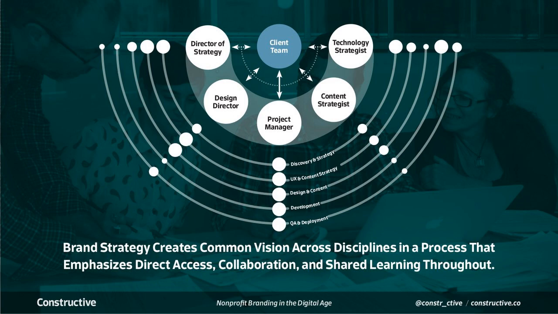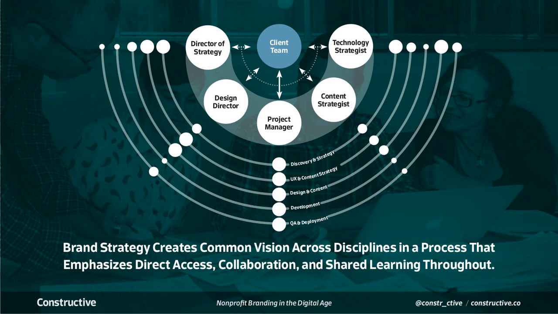You've got a design director, a content strategist, and a technology strategist. And it's really important from our perspective that rather than funneling everything through a project manager and controlling meetings through project managers, direct access and collaboration and shared learning throughout the entire process leads to greater understanding of how we're going to translate strategy into execution when it comes to creating online user experiences.